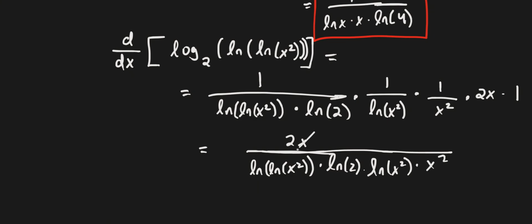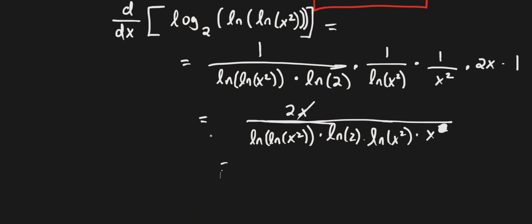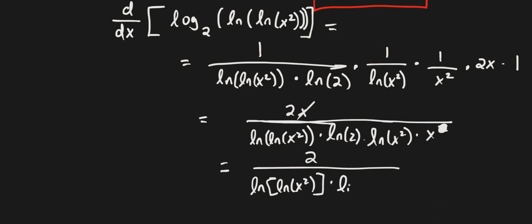Of course, this x will cancel with this x, and that's just going to become, finally, 2 over the natural log of x squared times the natural log of 2 times the natural log of x squared times x, and then that's it.